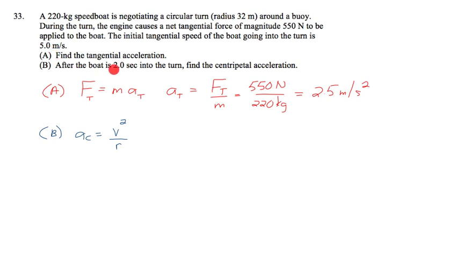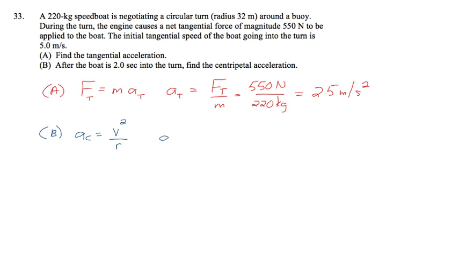But the question is, what is it after the boat is 2 seconds into the turn? So I have to do that. Now remember, tangential acceleration is the a that causes the change of speed. So I know the time, I know the original velocity, and that's my a. It's almost like doing a straight line motion problem, because I'm looking for the final velocity. If I have that, then I'll be able to get the centripetal acceleration.